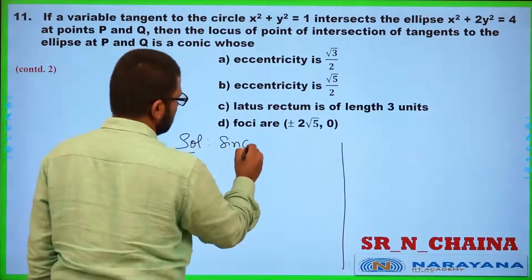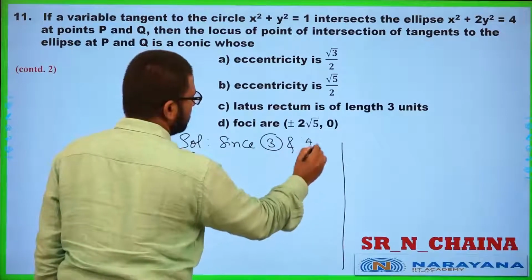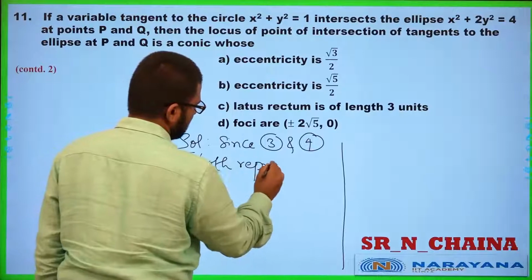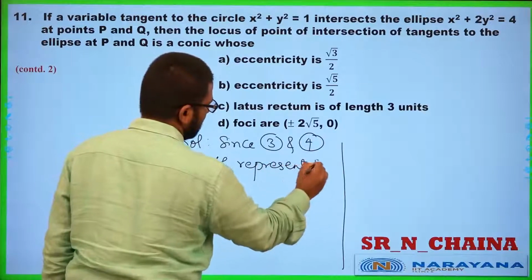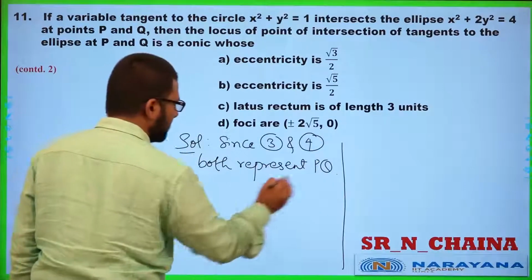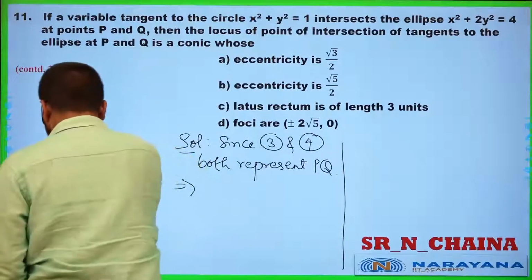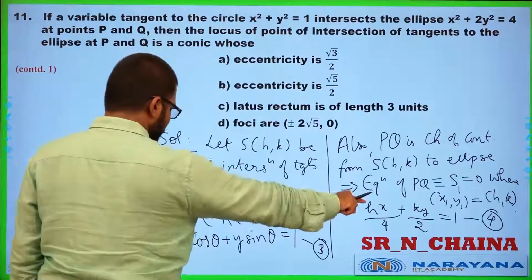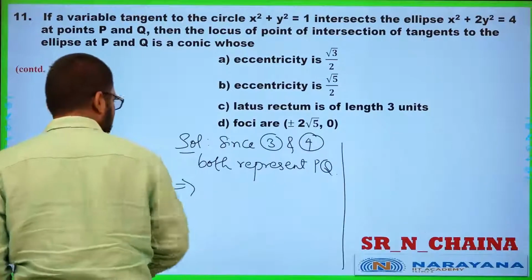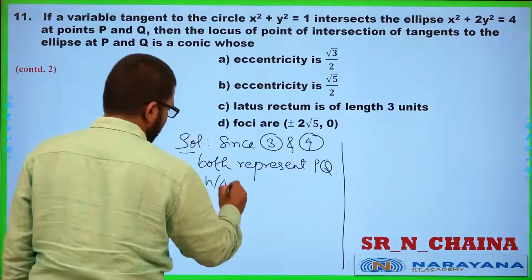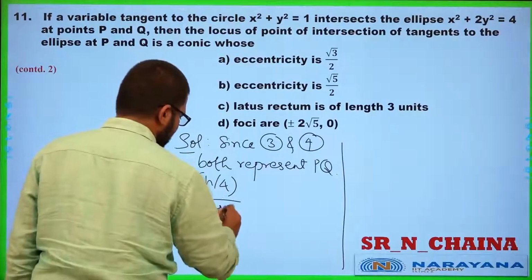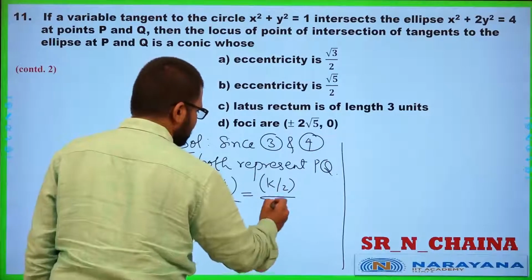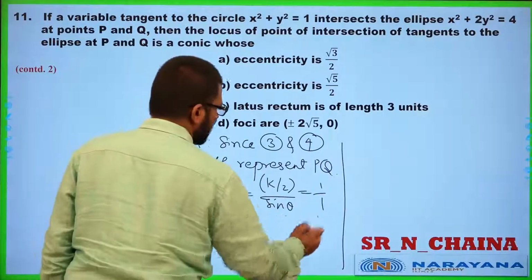Since 3 and 4 both represent PQ, we can say, just divide the coefficients, so (h by 4) upon cos theta equal to (k by 2) upon sin theta equal to 1 by 1.